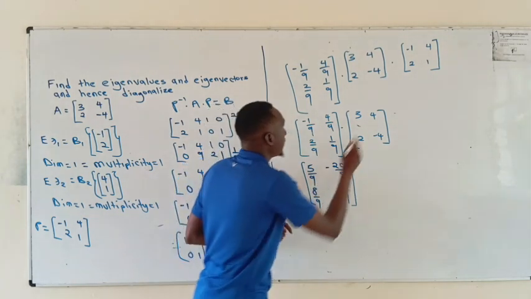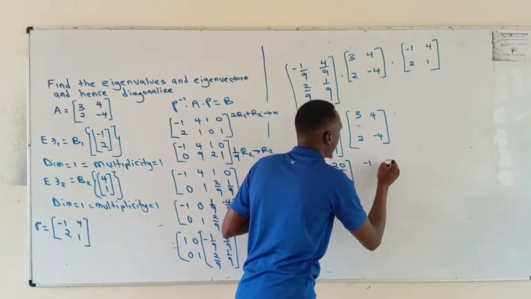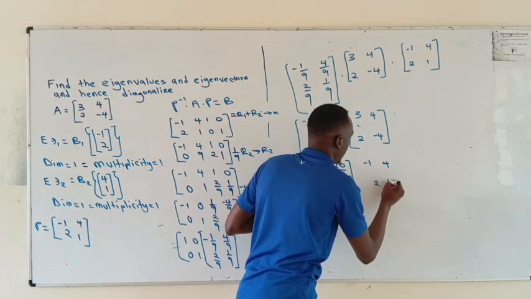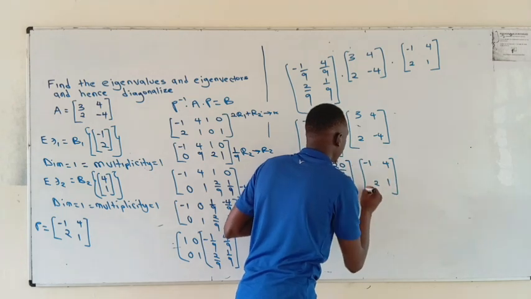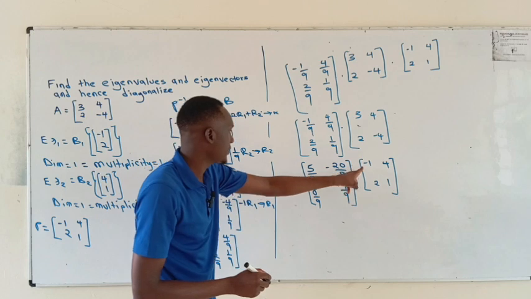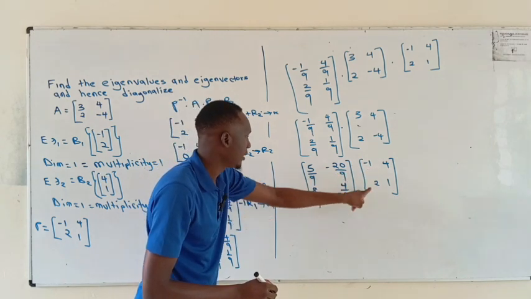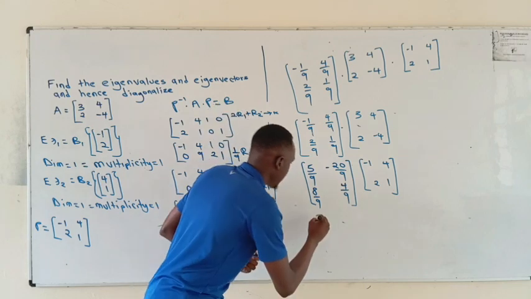Then this times our P, which is negative 1, 2, 4, 1. Here we have 5 over 9 times negative 1 plus negative 20 over 9 times 4, which is negative 5.